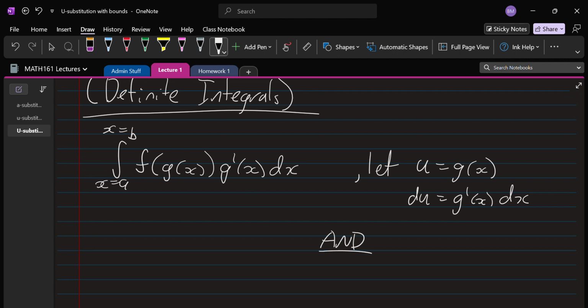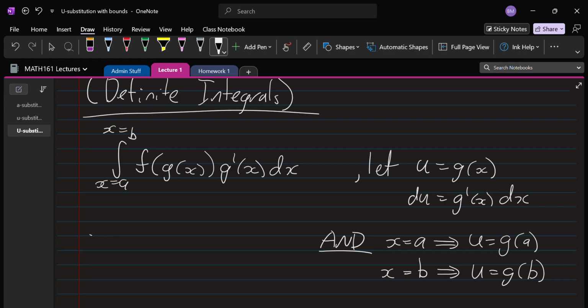So this step, that's what we covered before. And the extra step: if x is equal to a, then u is going to be g of a, just by substitution. And if x is equal to b, u is going to be g of b. So apart from that first bit, we got this extra little bit, but everything else remains the same. So this now becomes the integral, now with u bounds.